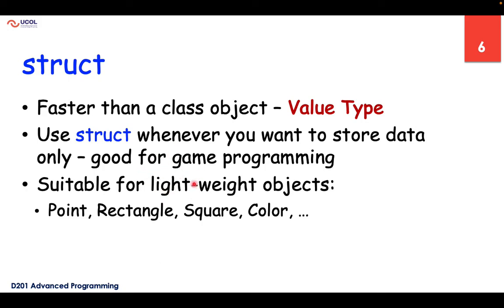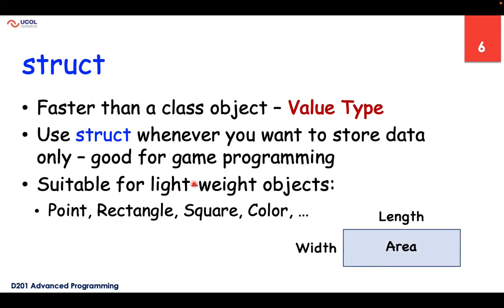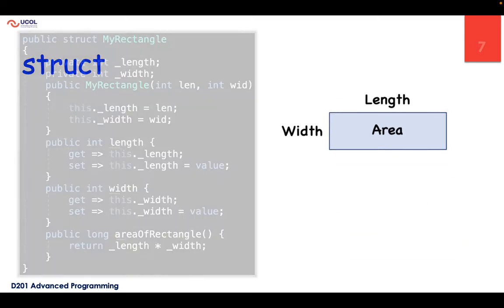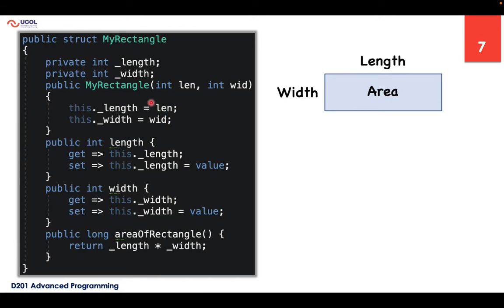Okay, so that was helpful. Again, if I say that I want to define a structure for a rectangle, and in the rectangle we know that we have width and length, and we can calculate the area. So this is our structure. If we look at that, we have MyRectangle, and then we have int length and int width, which are the private members of this structure.